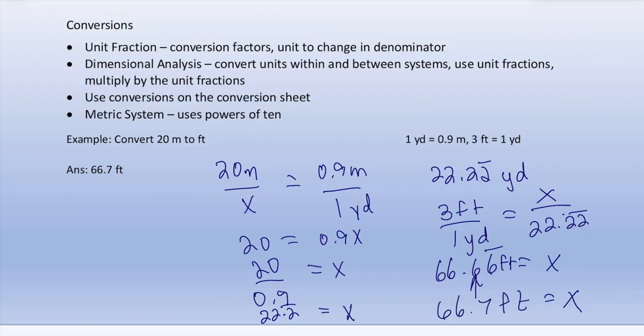And that's why we get the answer 66.7 feet. So there is one where we have to go from meters to yards first, and then from yards to feet. Now, one way you can think about a yard is 3 feet. So if you say that 3 feet is 0.9 meters, that is a conversion you can use rather quickly.